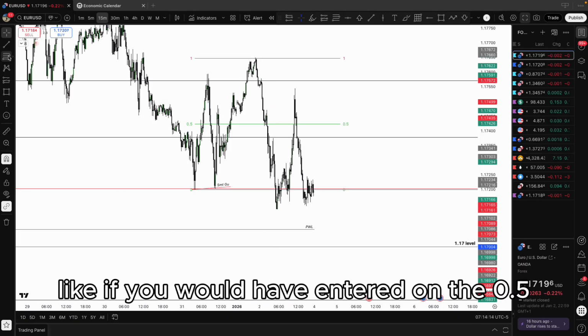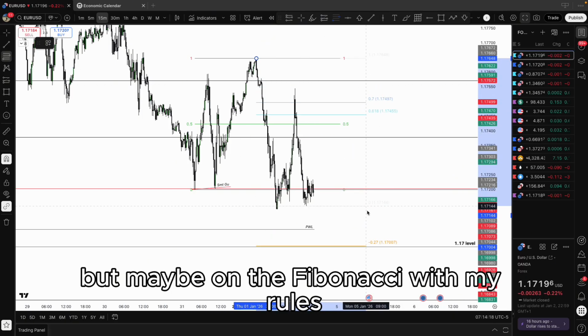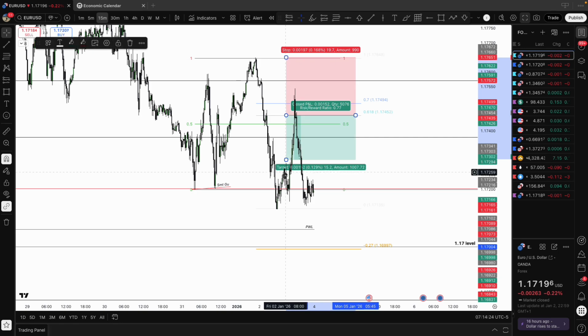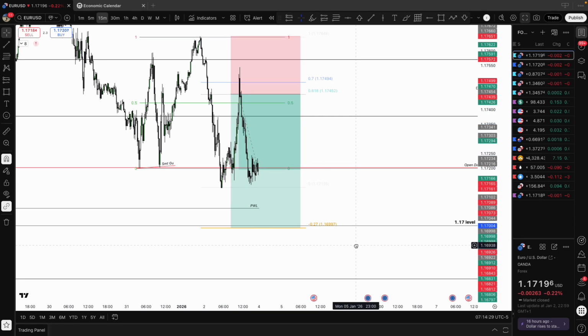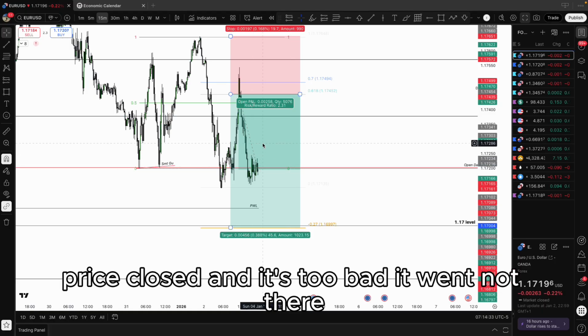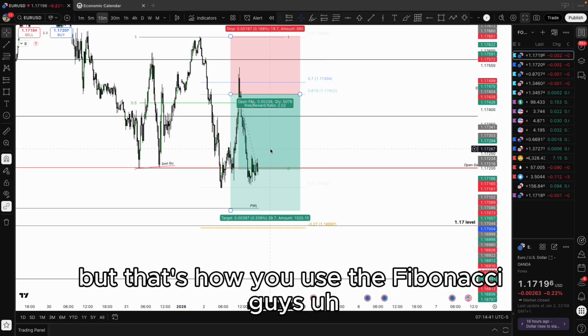If you would have entered on the 0.5, your entry was not optimal, but maybe on the Fibonacci with my rules, you have a great target, but it did not go there. Price closed and it's too bad it did not go there, but of course hopefully it opens and you will hit your TP. But that's how you use the Fibonacci, guys.